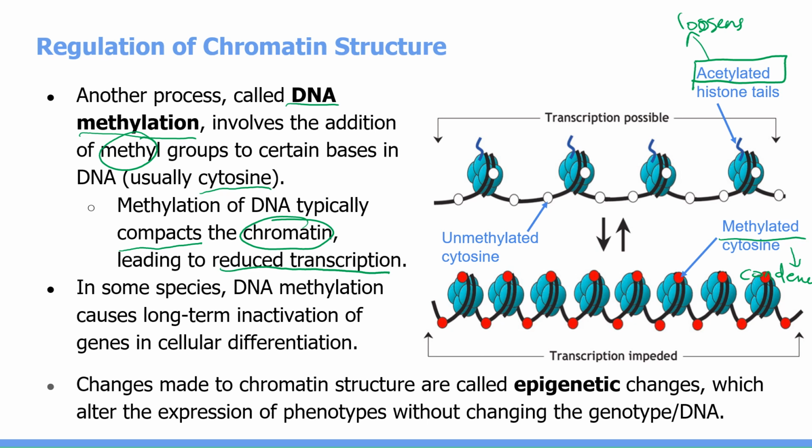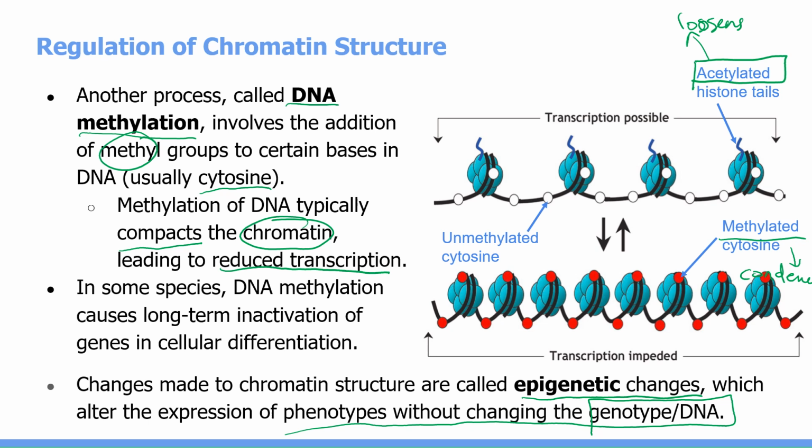Now, in some species, DNA methylation causes long-term inactivation of genes in cellular differentiation. And then, furthermore, changes made to the chromatin structure are called epigenetic changes, which alter the expression of phenotypes without changing the genotype or DNA itself.